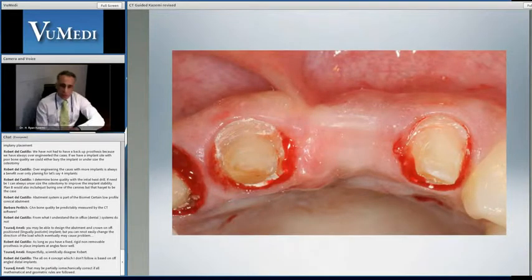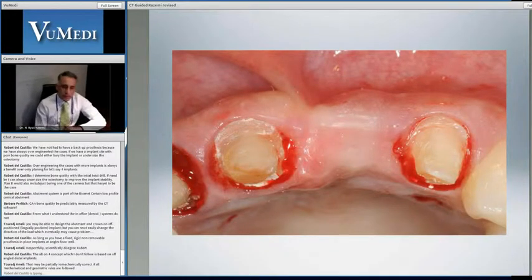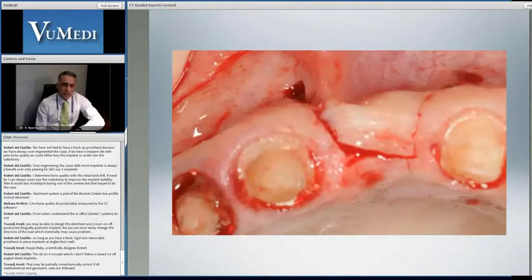So in this particular patient, although the ridge looked reasonably well, there was some moderate horizontal bone loss and shrinkage, and this required grafting, not only to create a better implant site, but also to create a better tissue topography. So the grafting is used in this case for both purposes.